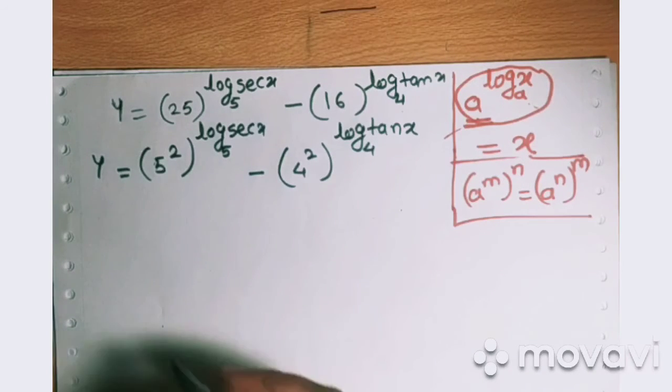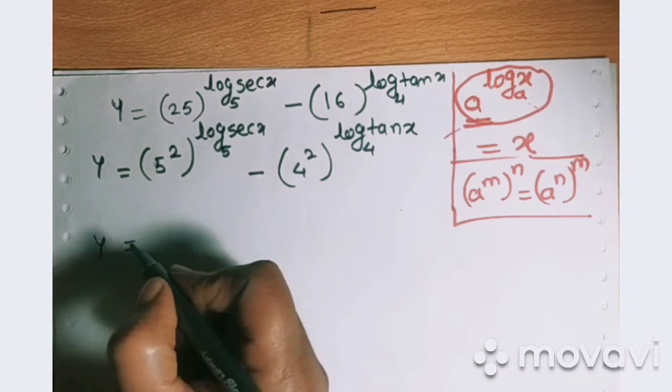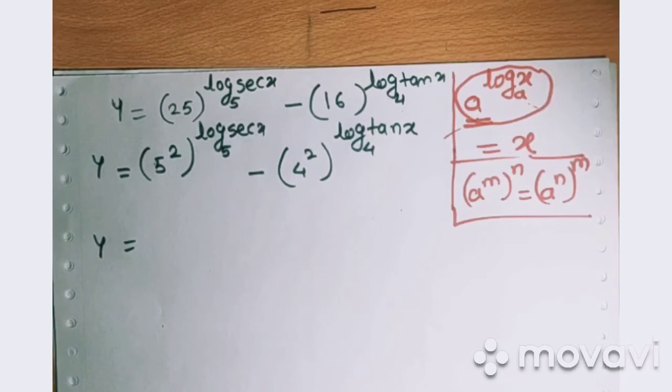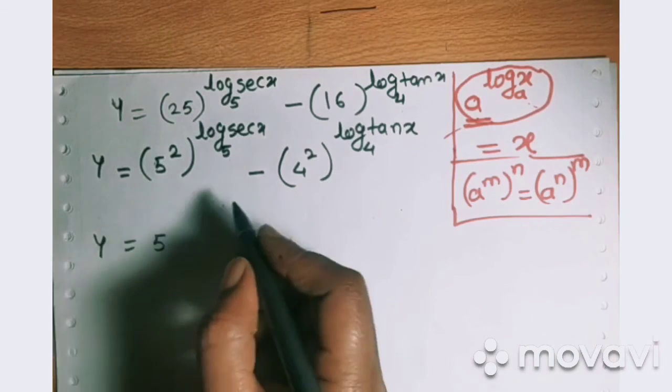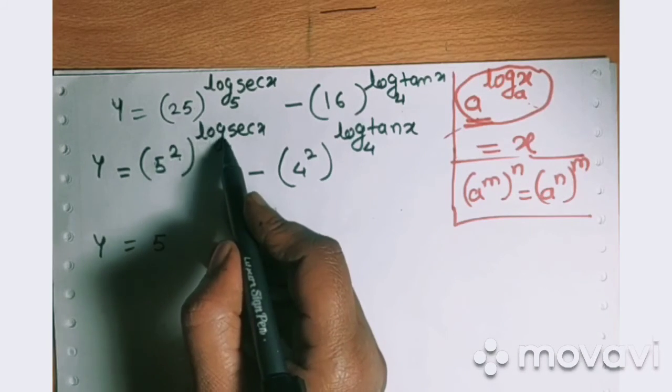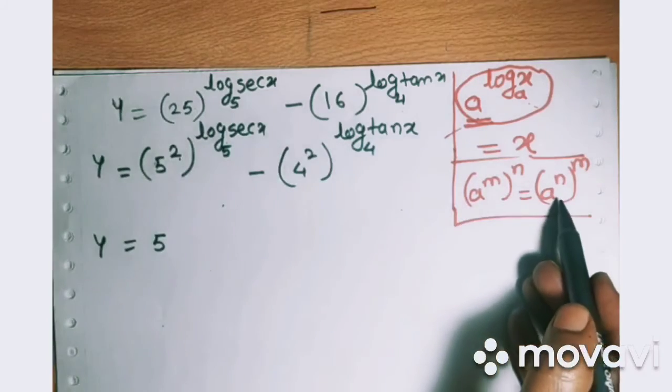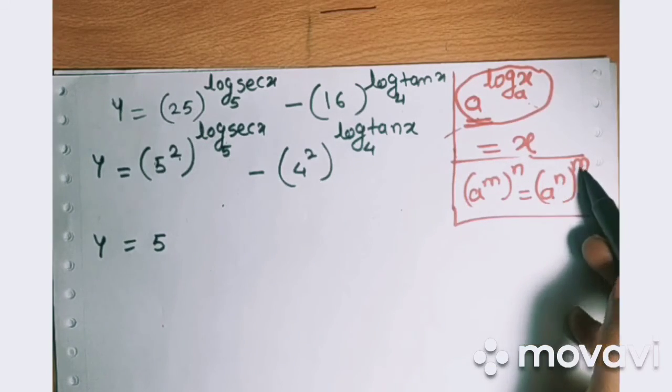Okay, that is y is equal to 5 raised to m raised to n, which can be written as a raised to n raised to m.